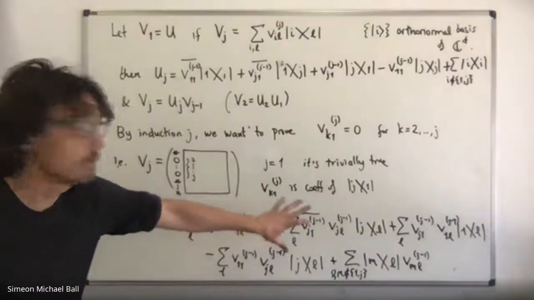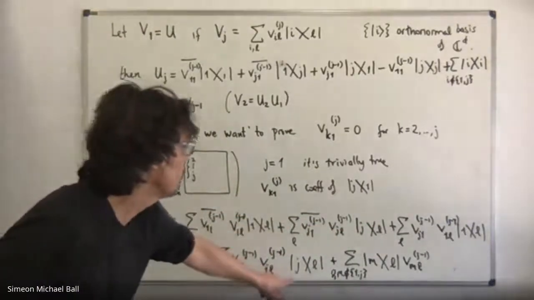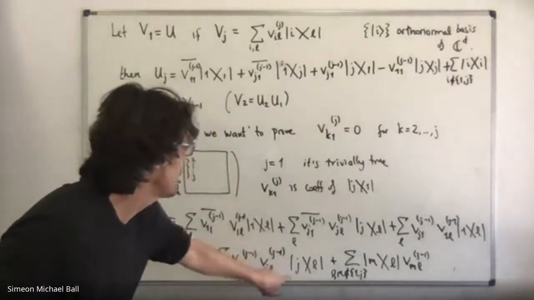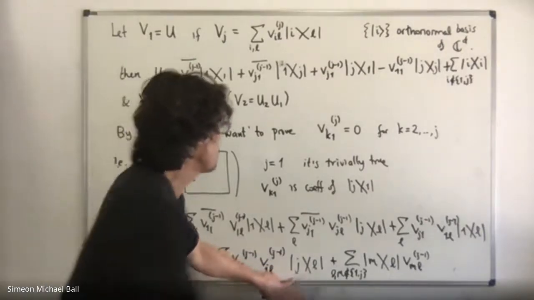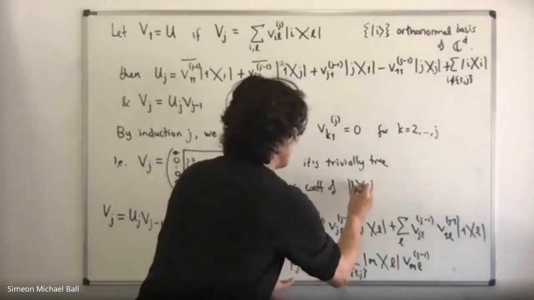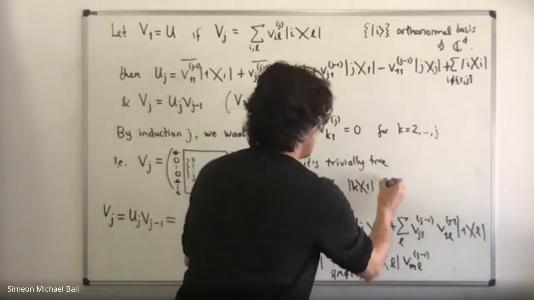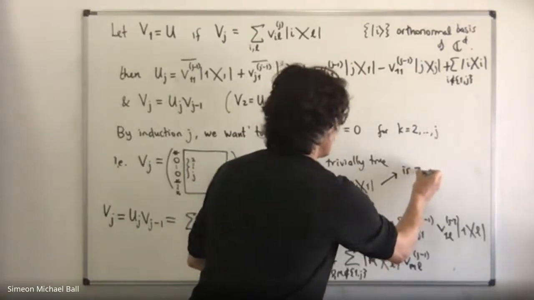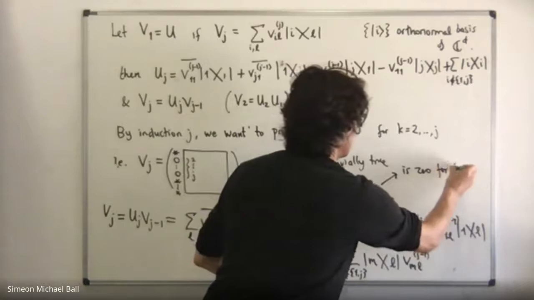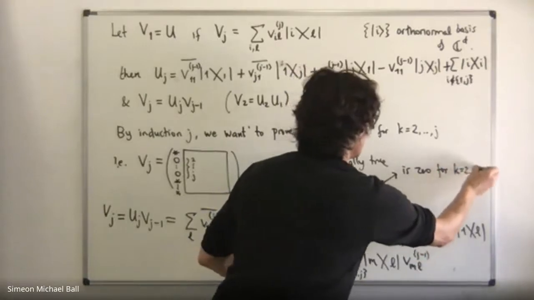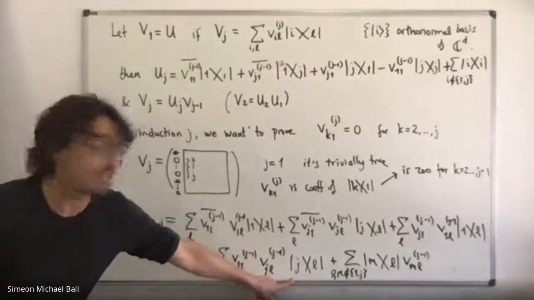So it must be from these first 4 terms, and then these first four terms either have a 1 or a J at the beginning. Oh, sorry, so there's K1. So it's not as good as 0 for K from 2 to J minus 1, since they're just not there, right?